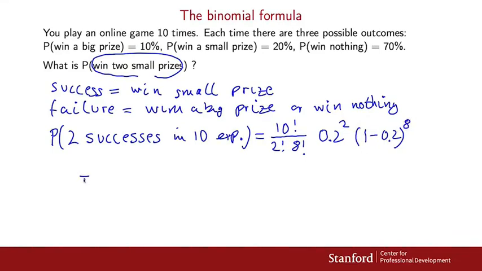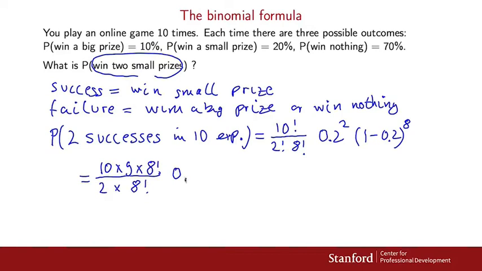So now we write 10 factorial as 10 times 9 times 8 factorial. Remember, 8 factorial means 8 times 7 times 6 and so on, so we can write it that way. 2 factorial is simply 2, and I leave the 8 factorial there.